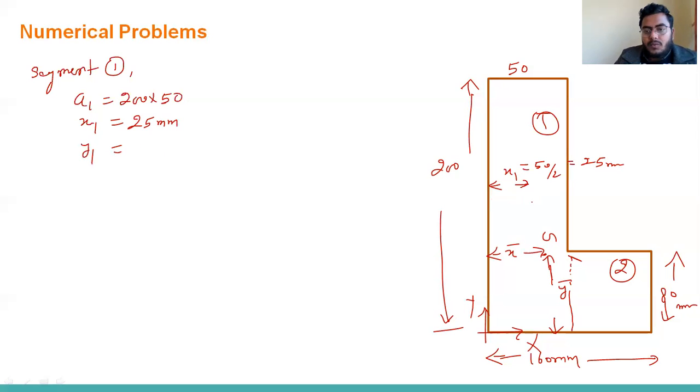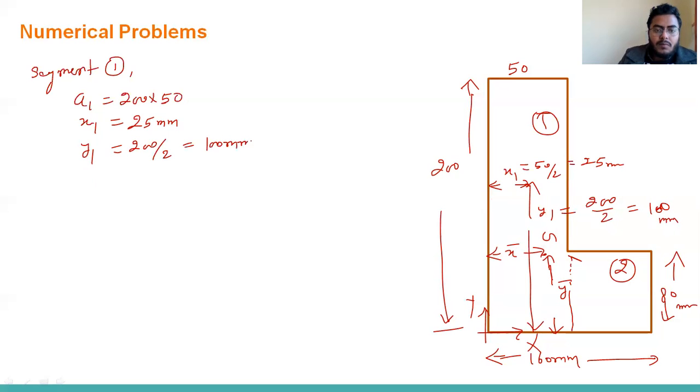Now y1. y1 would be from here, so that will be 200 divided by 2, which is 100 mm. Now for segment 2, A2, what is the segment?